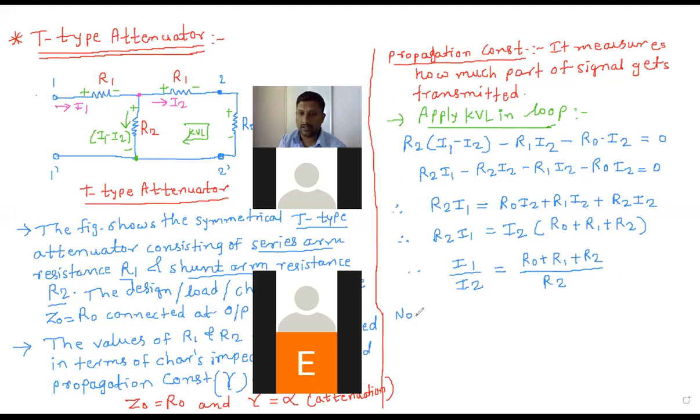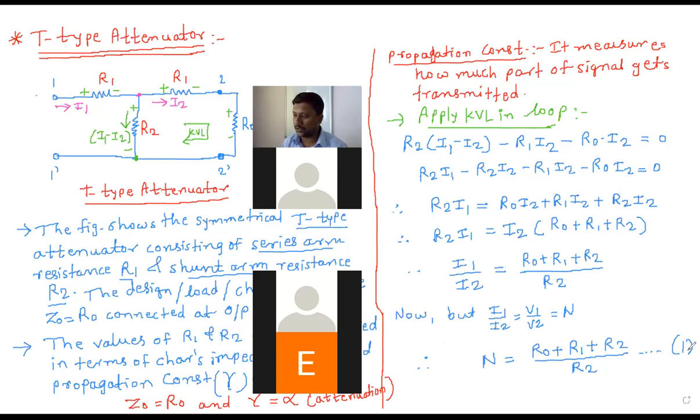Now, what I told, I1 divided by I2 is equal to V1 divided by V2 is equal to N, which we used in the previous relationship, because the characteristic impedance is the same. So can I replace I1 divided by I2 by N in the above equation? Yes. So N is equal to R0 plus R1 plus R2 divided by R2. This is my first equation.